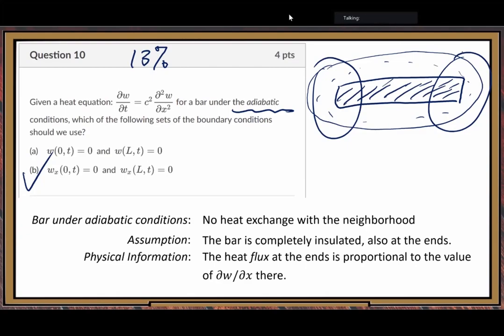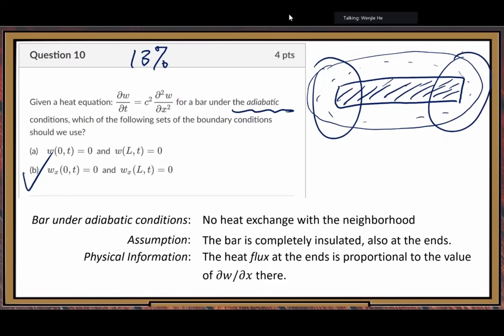Based on the physical property, the heat flux, heat exchange, at the ends is proportional to the partial derivative at the two ends.